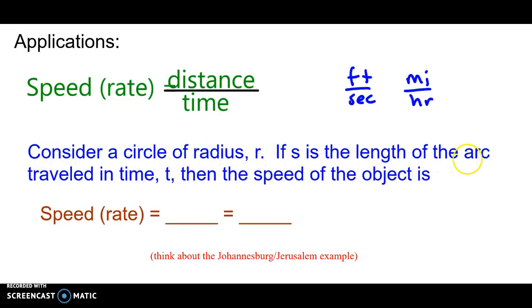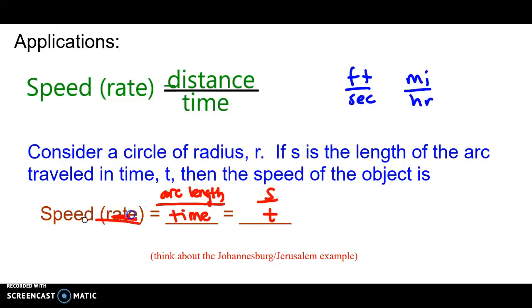If s is the length of the arc traveled in time t, the speed of the object is going to be arc length over time, or s over t. So even though this says arc length over time, I still want you to think of this as just being a distance over time to give us that speed or rate.